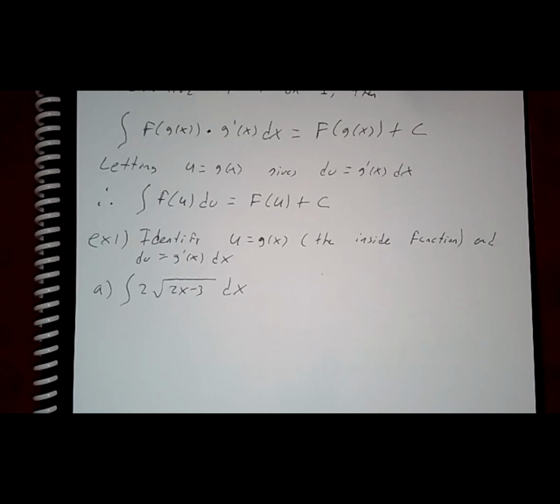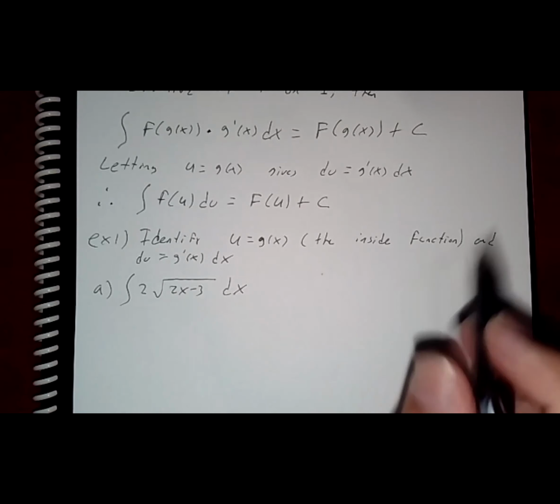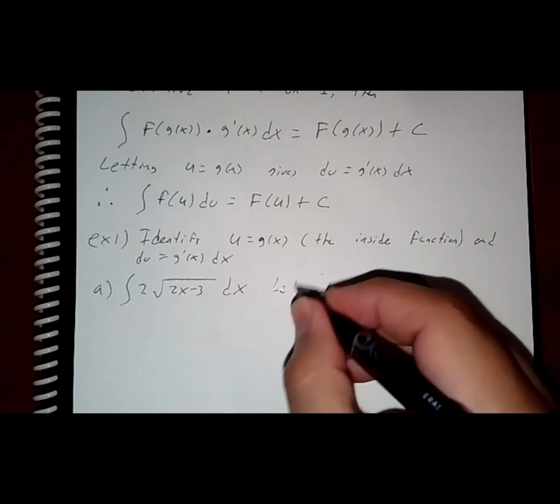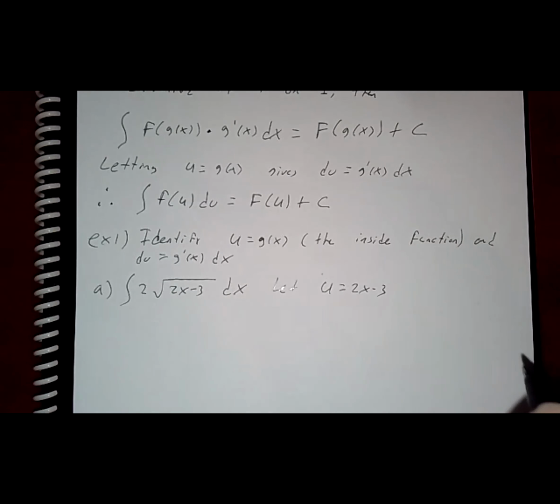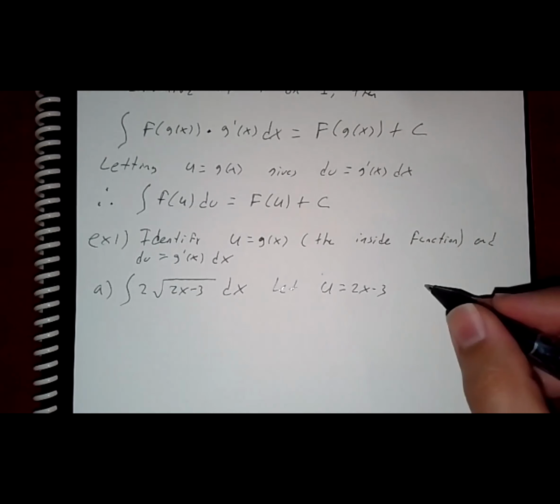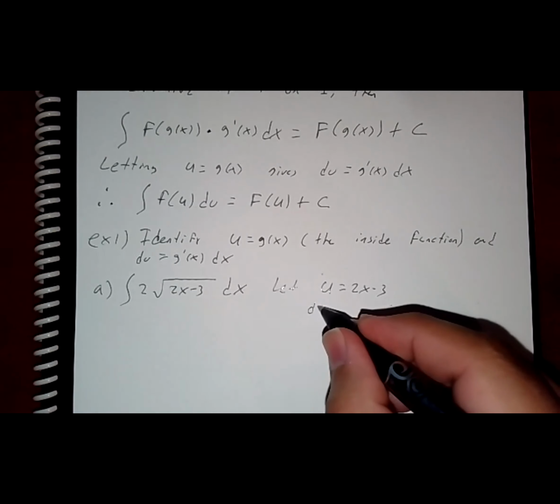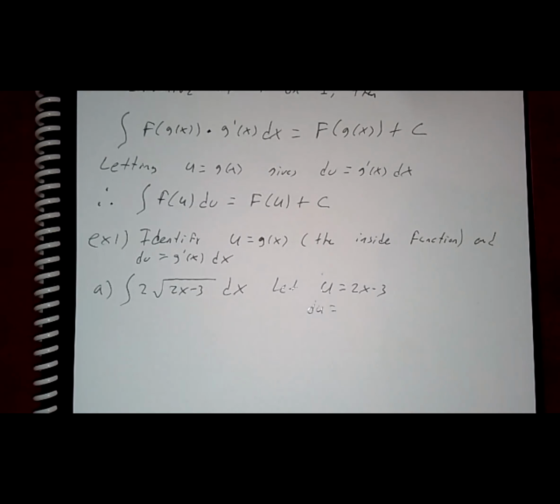Right, so it's always the inside. So the inside is the 2x minus 3. So what you have to do is let u equal the inside piece. What is the derivative of u? What is du? What's the derivative of 2x minus 3?